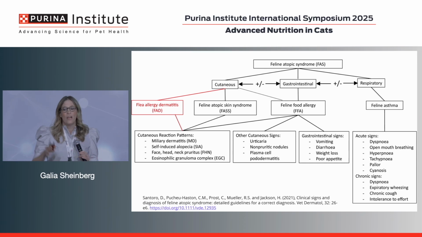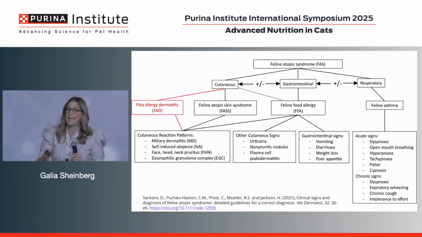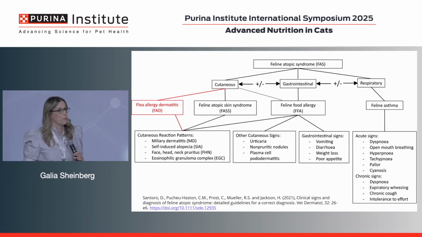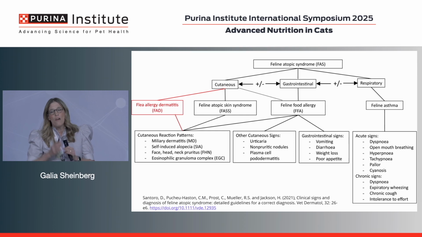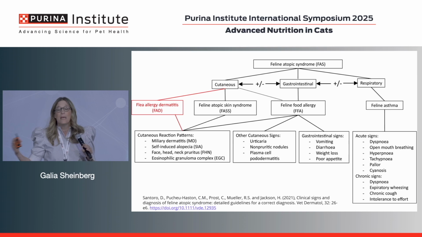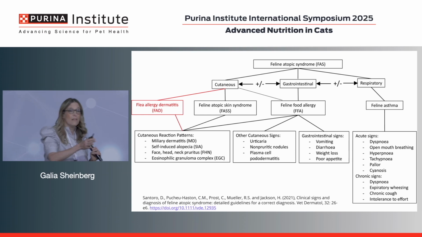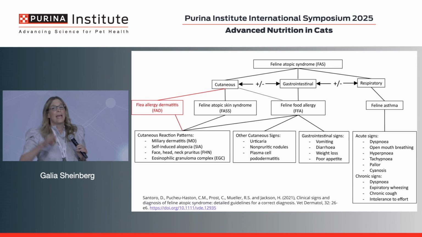really go over this beautiful chart that is part of the publication that I showed you before. And this great chart, I really like it because it explains how feline atopic syndrome is really an umbrella for allergic cat disease. And you will have gastrointestinal manifestations, skin manifestations, and respiratory manifestations.